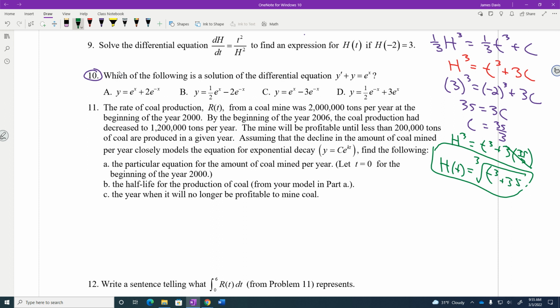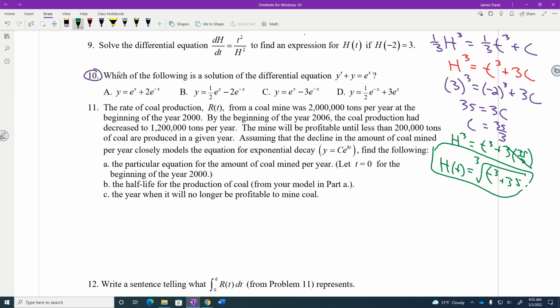The mine will be profitable until less than 200,000 tons of coal are produced in a given year, assuming that the decline in the amount of coal mined per year closely models exponential decay. Find the following. A, the particular equation for the amount of coal mined per year, where t equals 0 is the beginning of the year 2000.